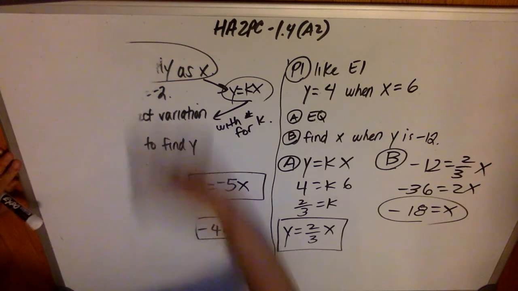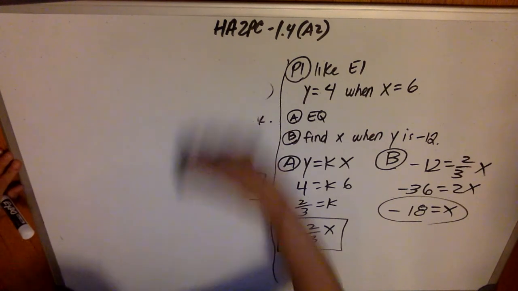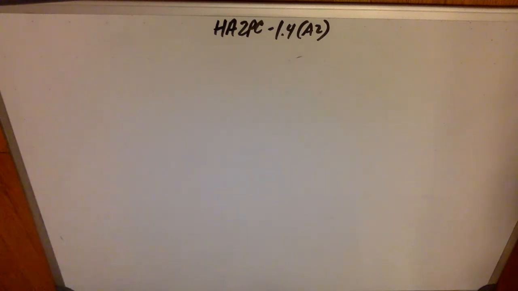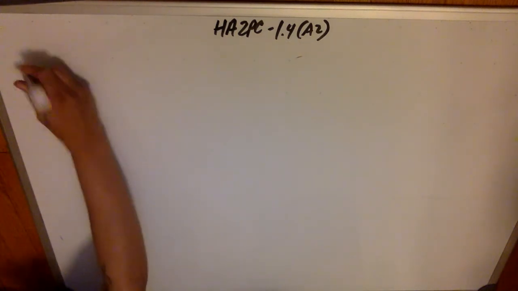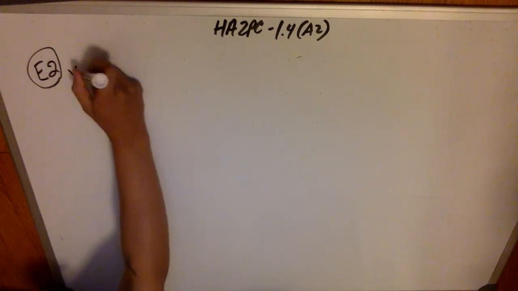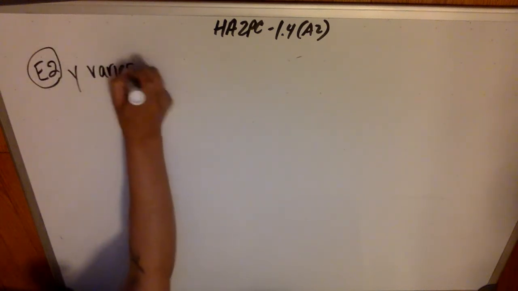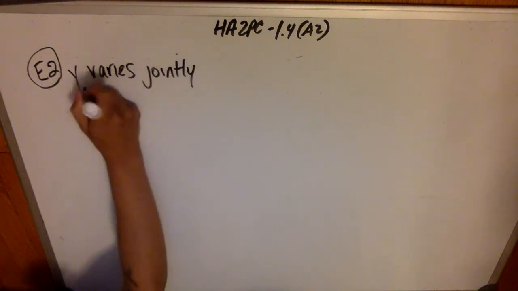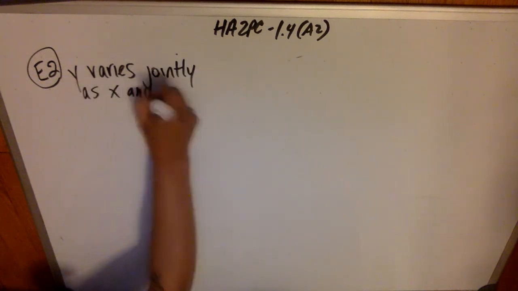So we're going to go ahead and do an E2 and a P2. So for E2, y varies jointly as x and z.